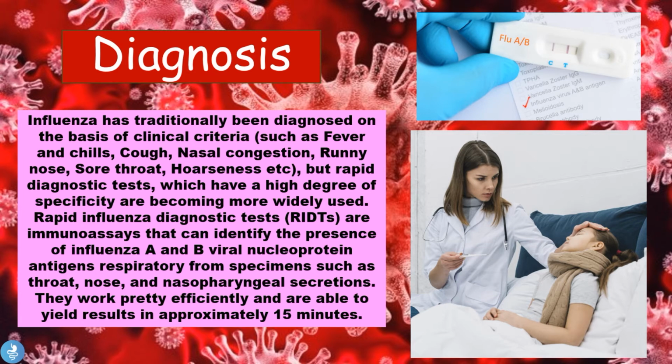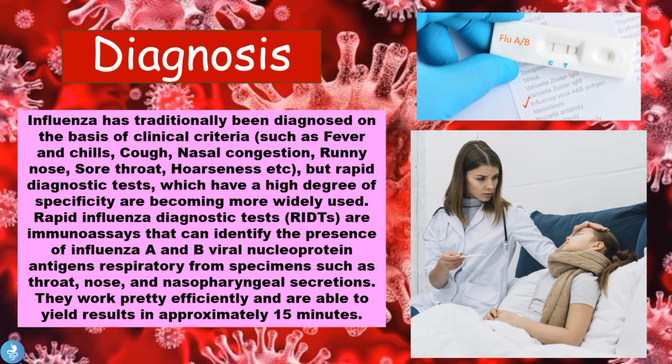So usually the diagnosis can be made on the classic presentation of the patient. So if you go to your doctor and you say you have a fever, chills, congestion, and it's around the flu season time, we will attribute it to the influenza virus. But if we aren't sure, or your symptoms are a bit more sporadic or non-specific, we can actually use the rapid influenza diagnostic test. So here what actually happens is the throat, nose, or nasopharynx is swabbed, and the secretions that are collected are called samples.